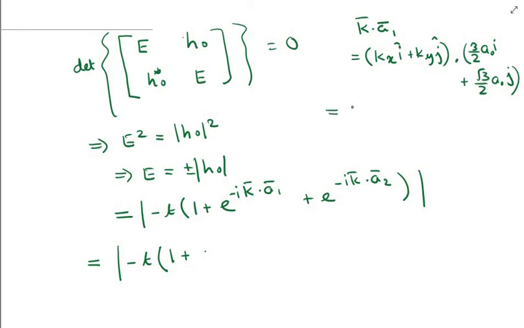So this is 3 by 2 kx a0 plus root 3 by 2 ky a0.